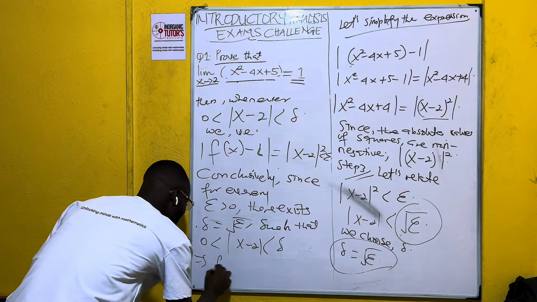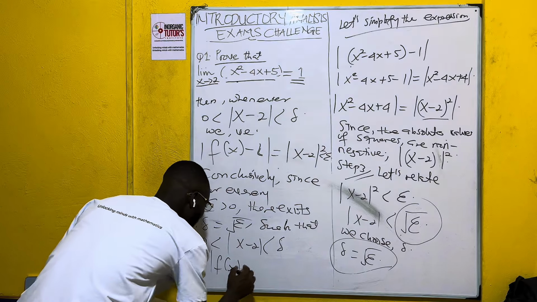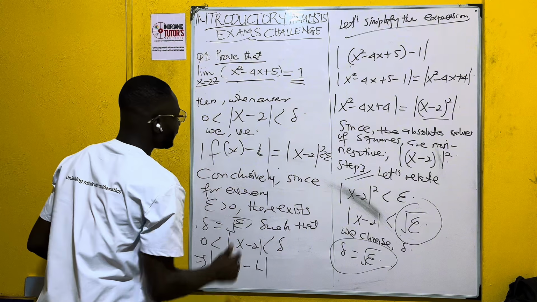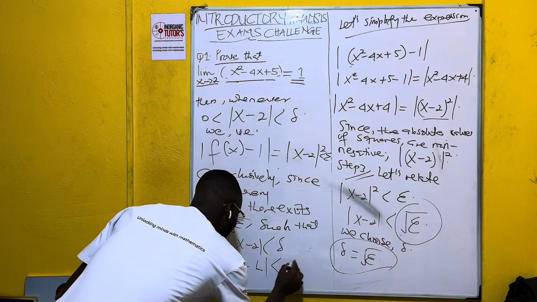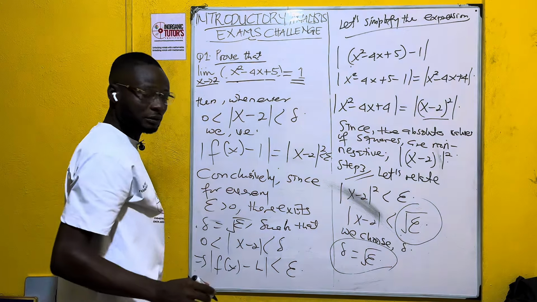This implies that the absolute value of the function minus the limit is less than epsilon.